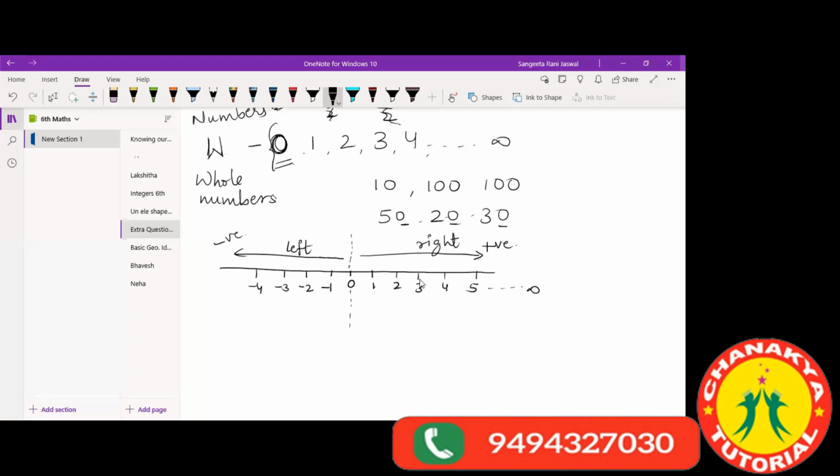Now, if I say 2 is greater than 1, you know this, Adya? 2 is greater than 1. Okay, what about 3 and 5, which is the greater number? Unmute and say.